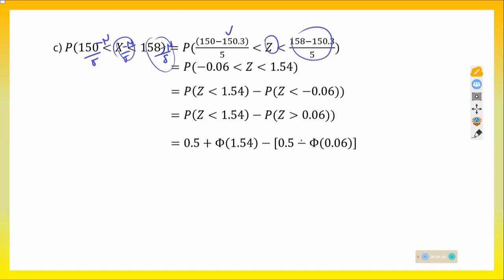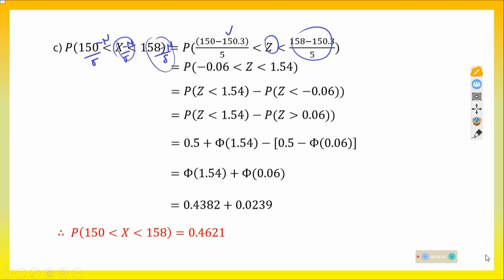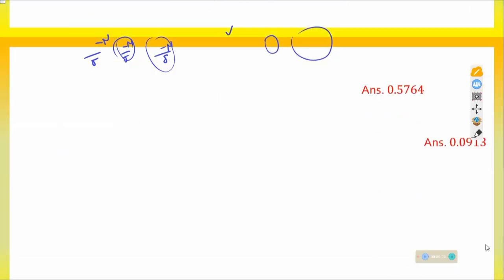If it is greater, it becomes subtraction. 0.5 plus the table reading of this minus 0.5 minus the table reading of that expression. So from there, we shall remain with the table reading of 1.54 plus the table reading of 0.06. Go to your table, obtain the values for 1.54 and 0.06, and that will be the answer.